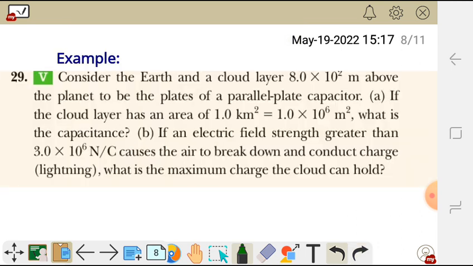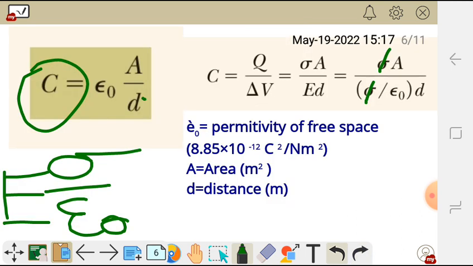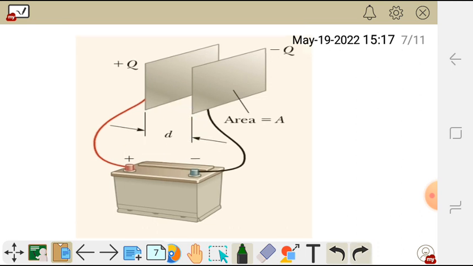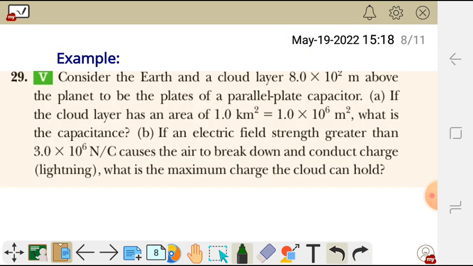Remember, this distance is the distance that separates the two plates of a capacitor. Then we divide the area by the distance and multiply it with the constant epsilon, the permittivity of free space. Then we find our capacitance.